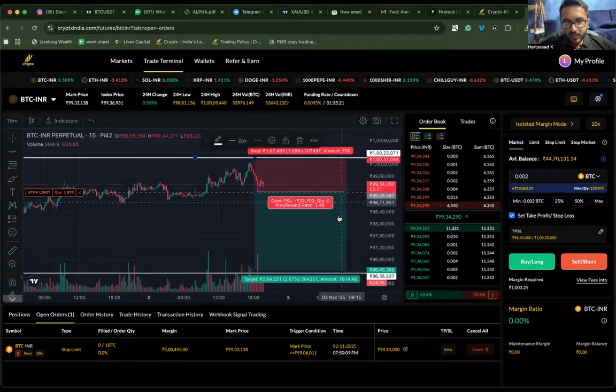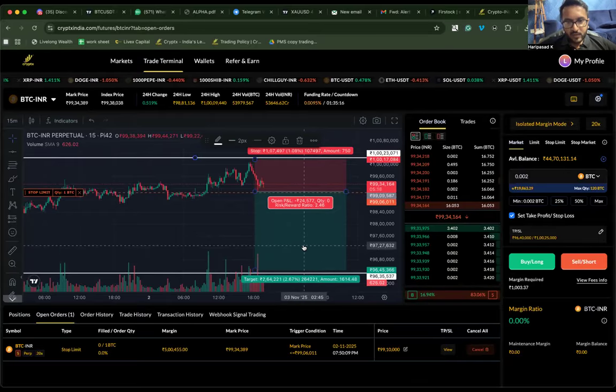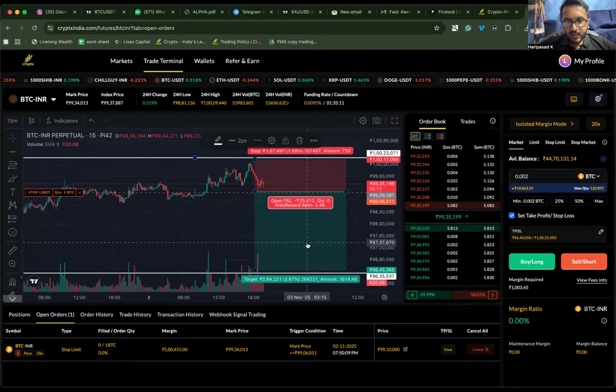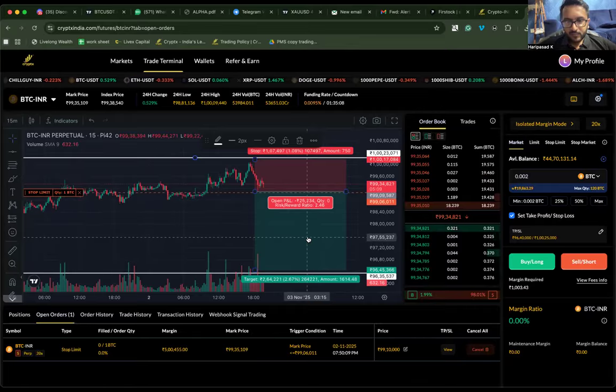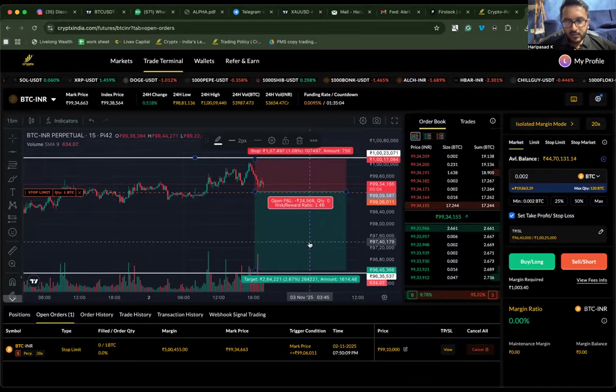Target one is at 1 is to 2.5, so you can have a partial booking at maybe 97.2 lakhs, that is 97 lakhs 20,000, where you can have a partial target.